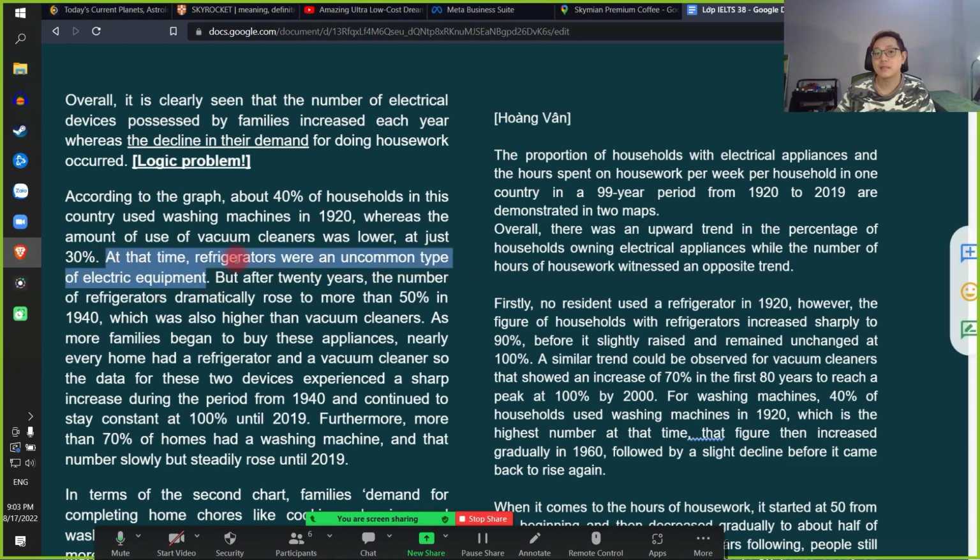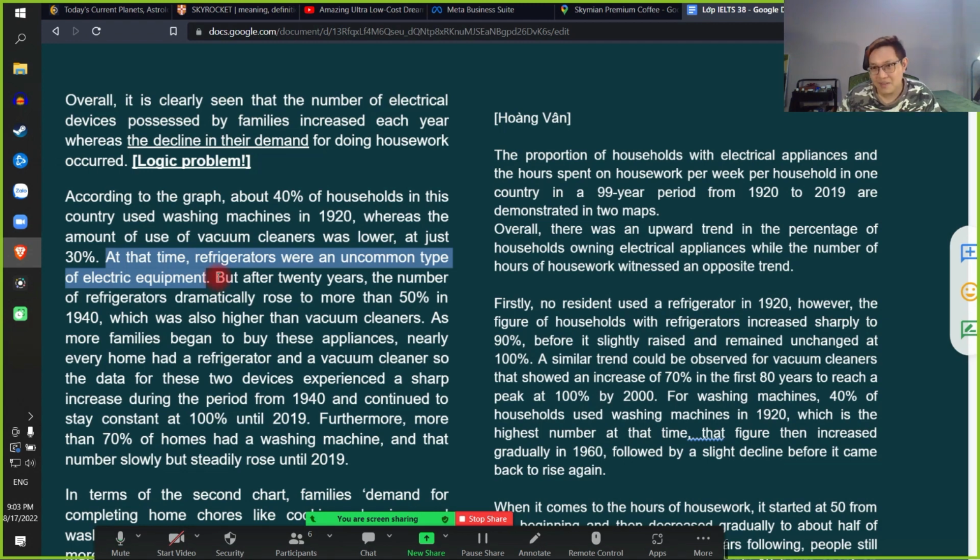Ở thời điểm đó, những cái tủ lạnh là một cái loại thiết bị điện không thông dụng. So, có nghĩa là sao? Tức là phần trăm nó thấp lắm. If you say it was an uncommon type of electrical equipment, it means the percentage of that equipment is very low.